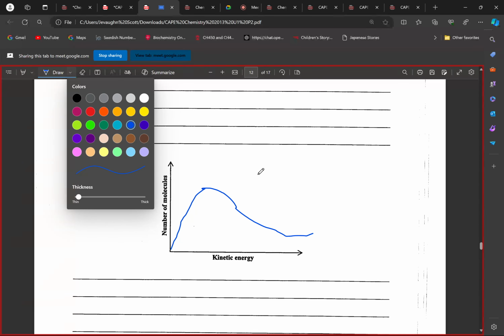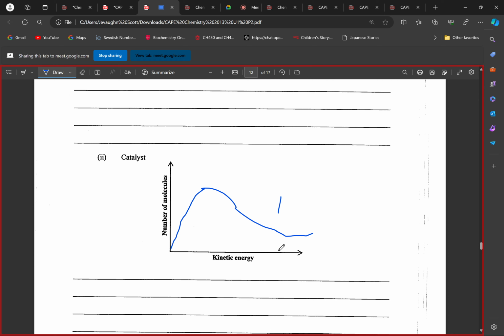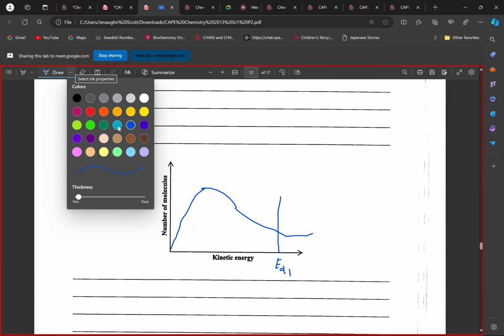If we have an initial activation energy here, remember the kinetic energy is increasing this way. Let's say that this energy is the first activation energy, EA1. What catalysts do? Catalysts change, well, not really change. They create an alternate pathway, allowing for more successful collisions, especially via orientation.